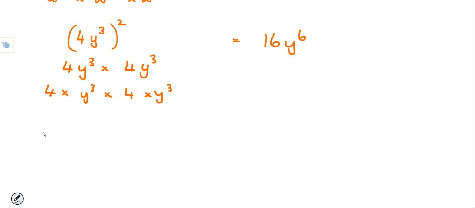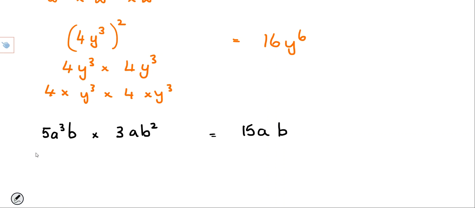What about if I said to you 5a cubed b times 3ab squared? 15a.